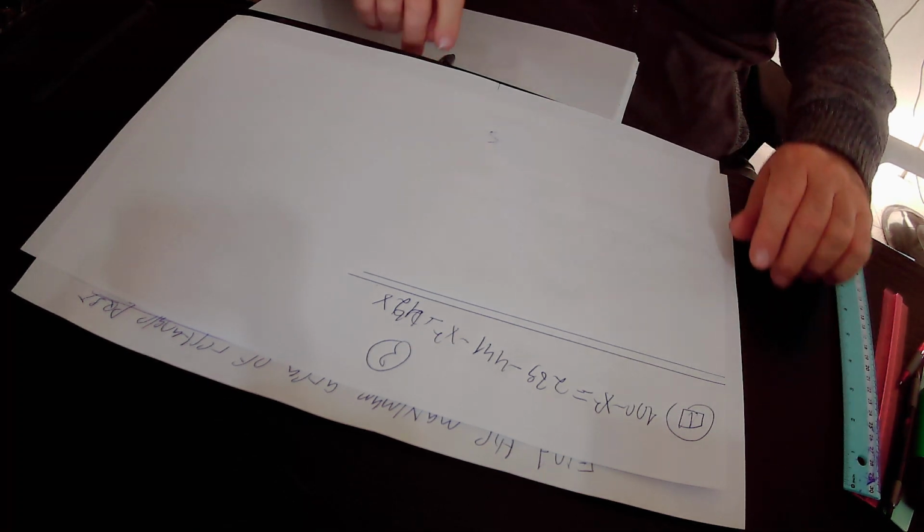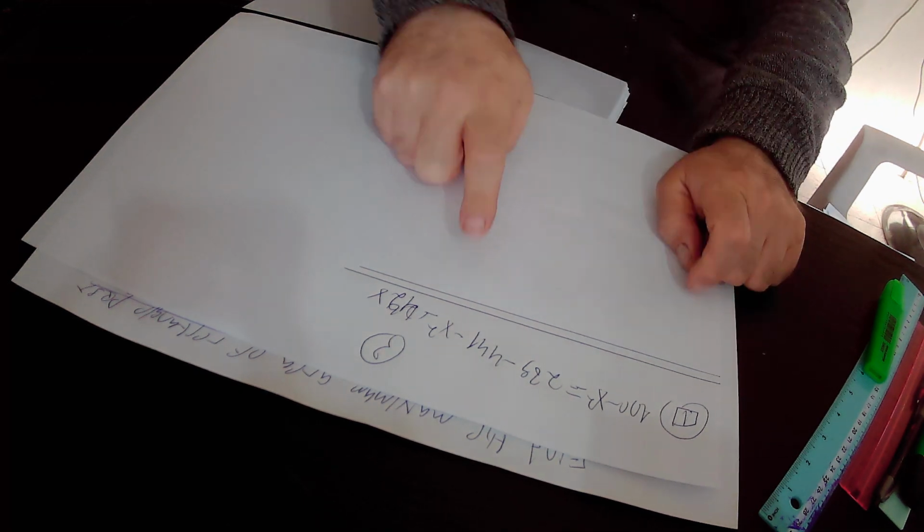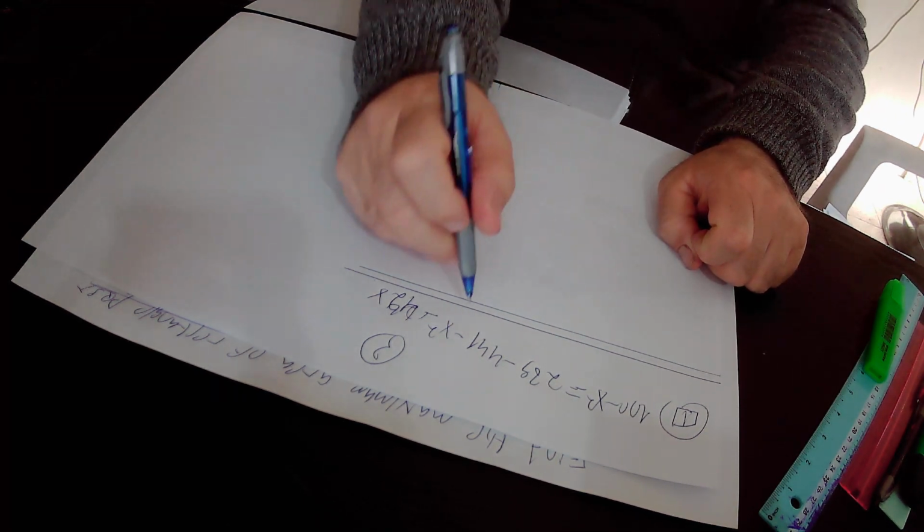Here we have minus x square on both sides of the equation, so they get cancelled.